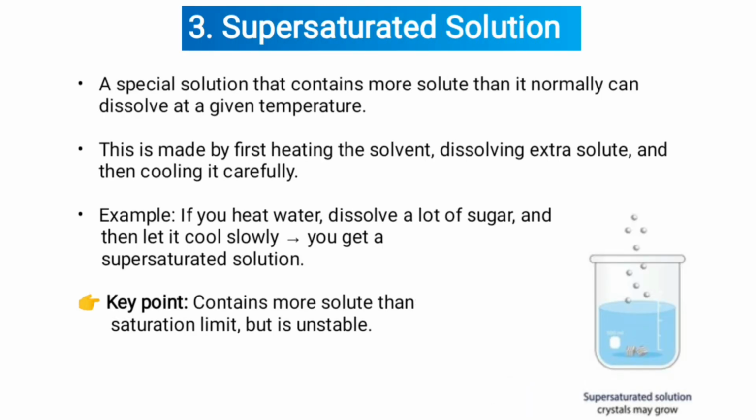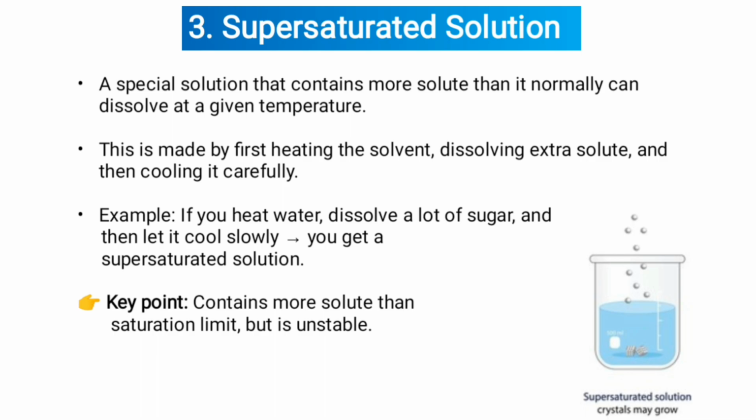And the third one is supersaturated solution. What is it? A special solution that contains more solute than it normally can dissolve at a given temperature. This is made by first heating the solvent, dissolving extra solute, and then cooling it carefully.